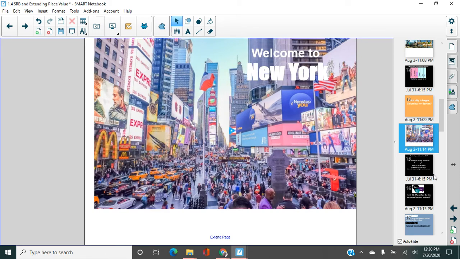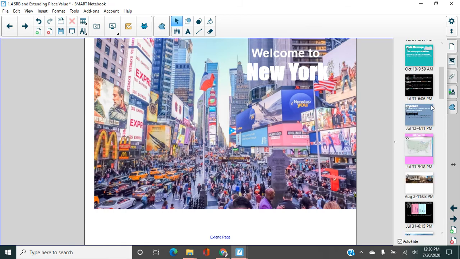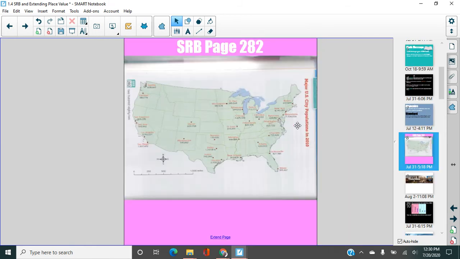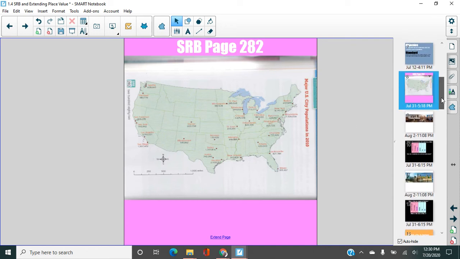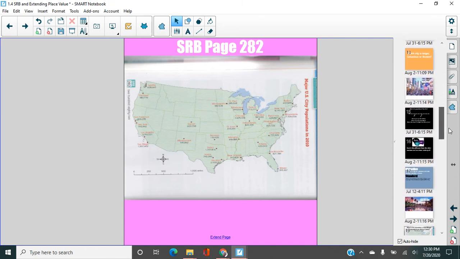All right, then we can look at New York City, right? And we can see that its population, let's go back to that map, actually goes up into the millions, right? So it's going to be larger than both Columbus and Boston because it has a digit that's in the millions place. It's the place after the 100,000s.